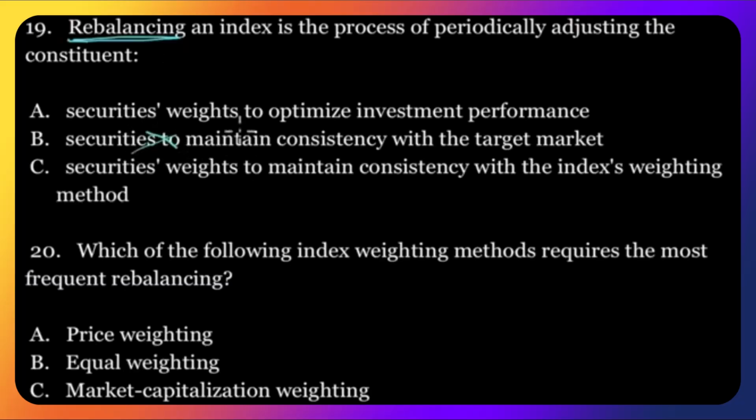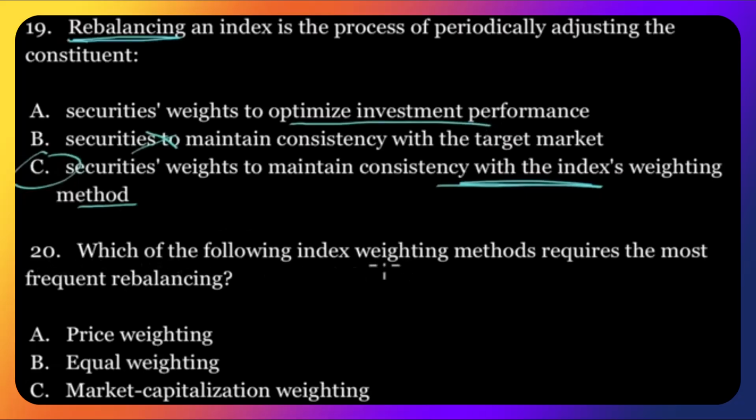So why are we adjusting weights? To optimize investment performance or to maintain consistency with the index's weighting method? It is to maintain consistency with the weighting method. Optimizing investment performance, well, that's a fund manager that does that by, if their benchmark is the index, either underweighting or overweighting certain components in their tracking portfolio.